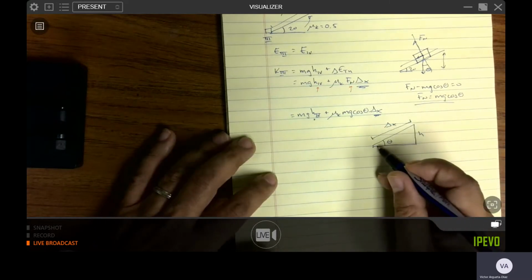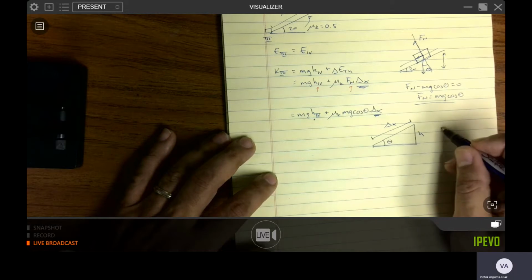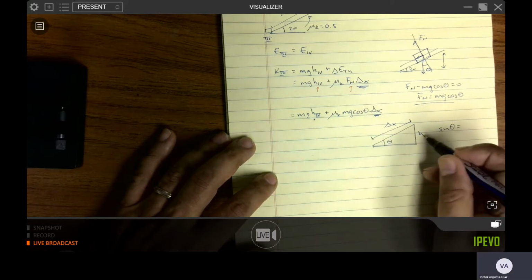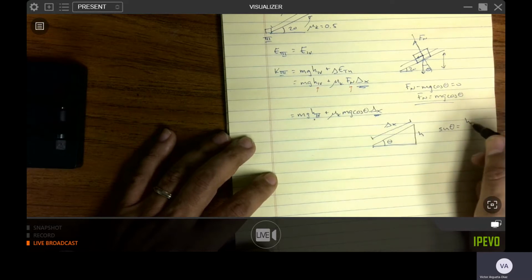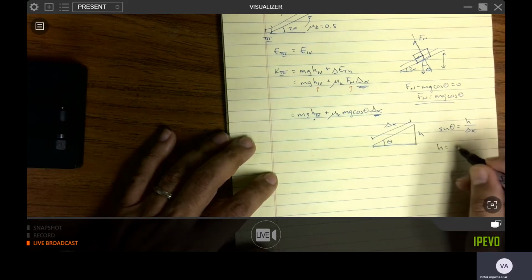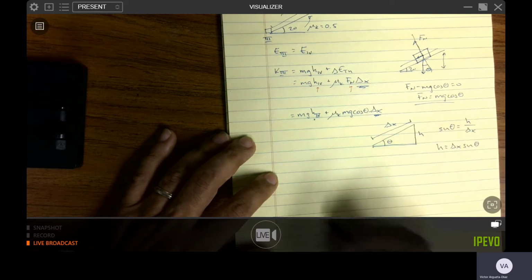And I know that sine of theta is going to be equal to opposite over hypotenuse. So h over delta x. So I can rewrite and say, well, h, this height, is going to be equal to delta x sine of theta.